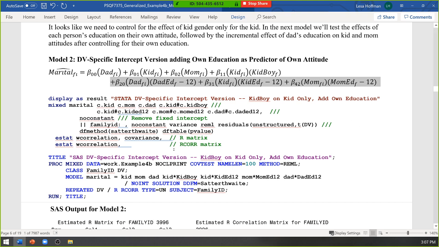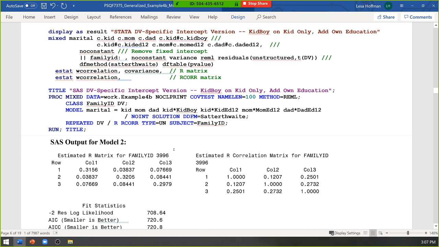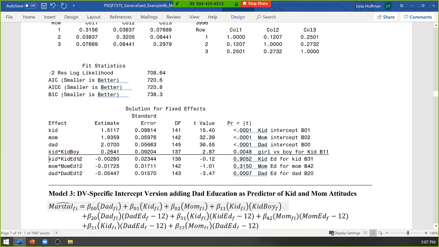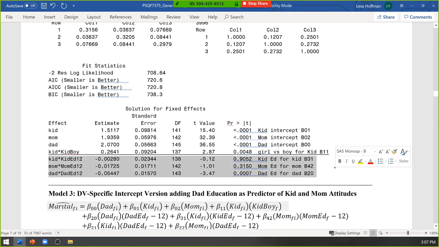So let's see what happened. I've separated the new effects here with the line. The coefficients are negative, which means people who are more educated have less conservative attitudes.